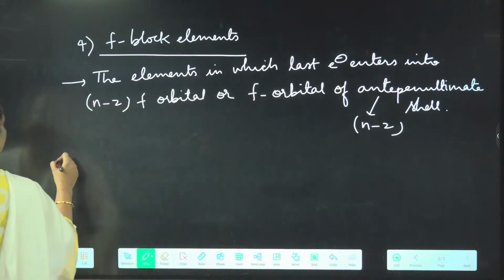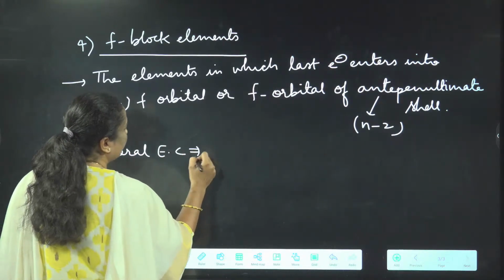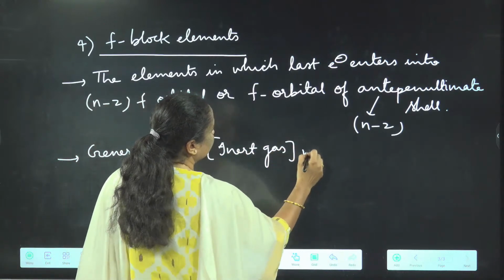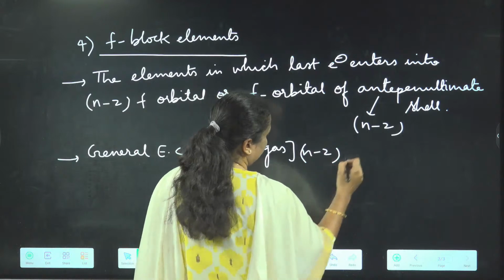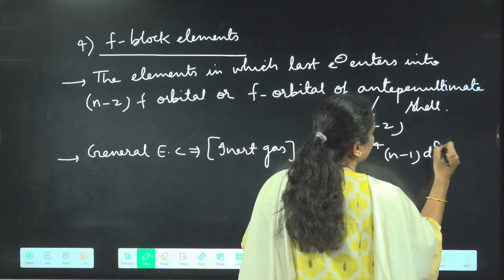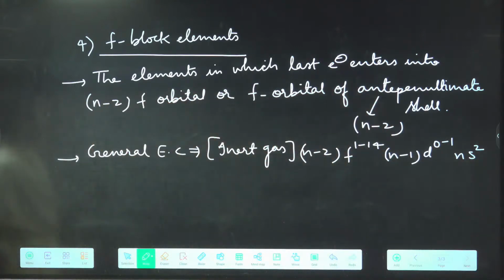Okay. Now let us see what is the general electronic configuration here. It is inert gas (N-2) F1 to 14, (N-1) D0 to 1 and NS2. This is what is the general configuration of it.